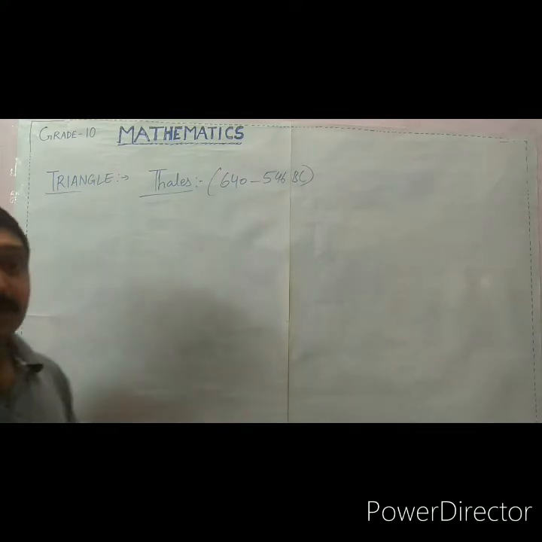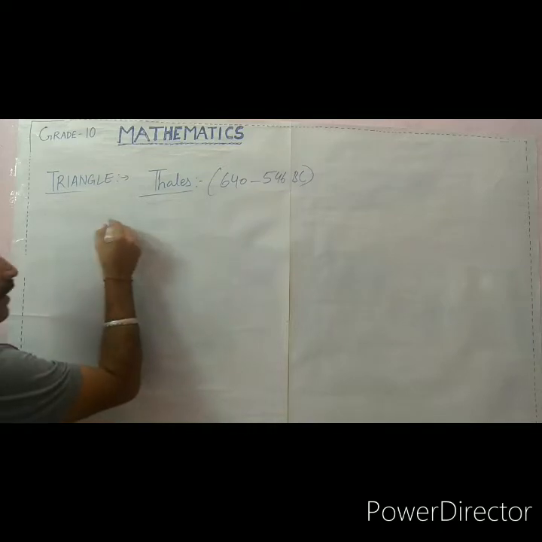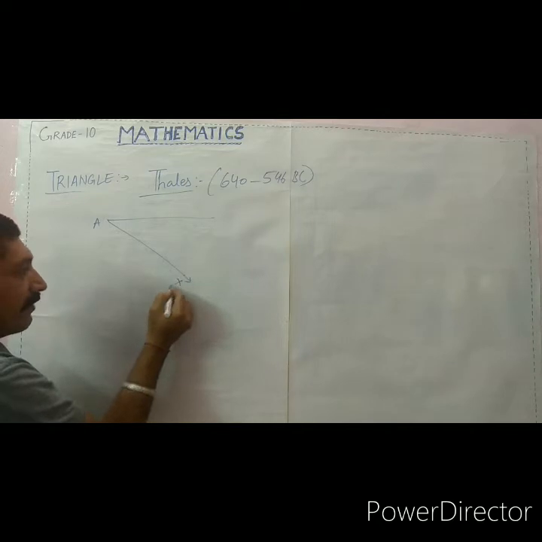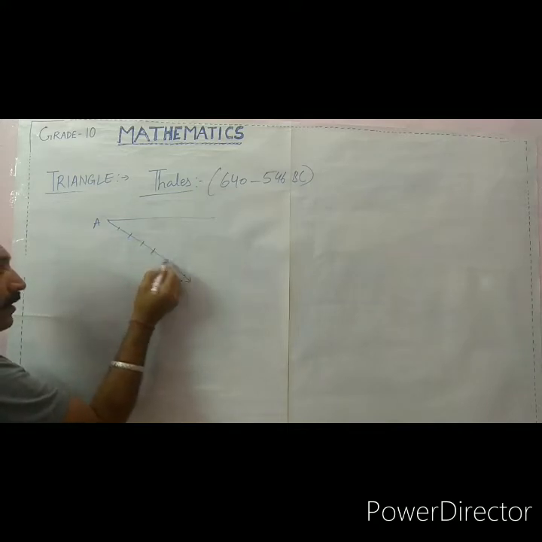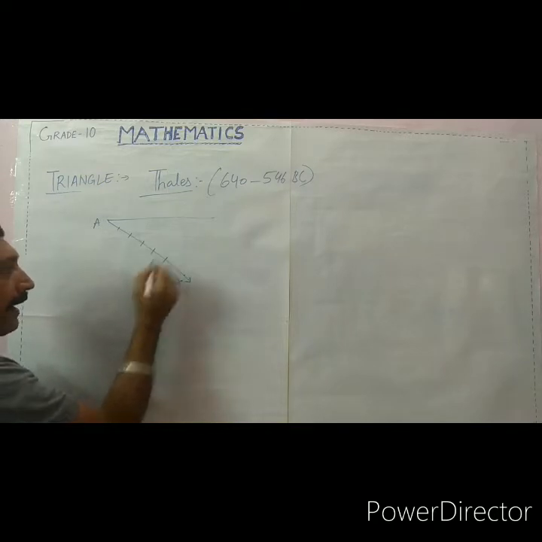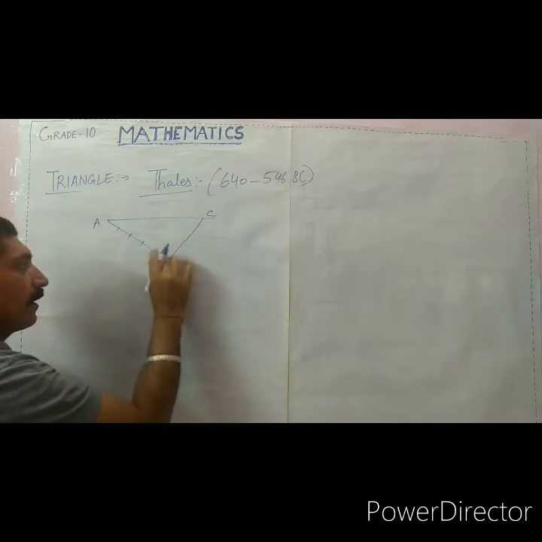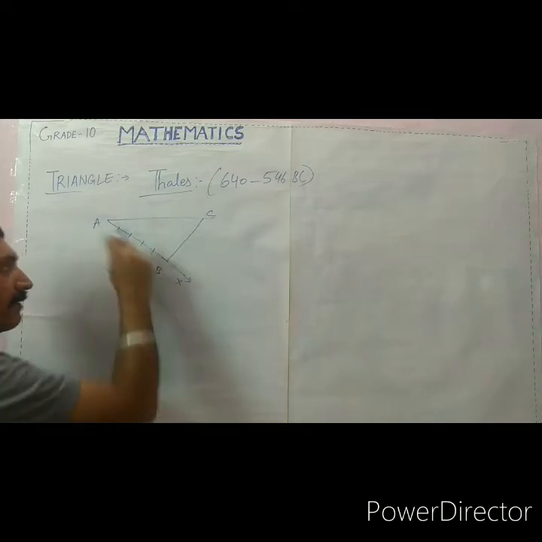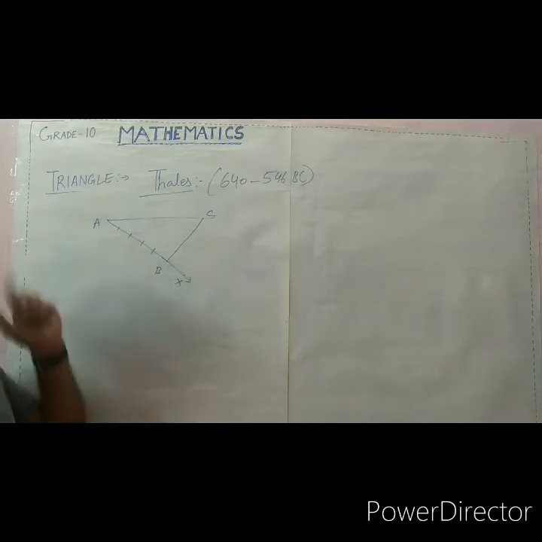So what does he say? Let me take the example of the triangles. If this point is A here, and as we have gone through in construction, I am dividing it into 5 equal parts, that this is B here and this point is C. If I join B with C, I have a triangle ABC, and this side AB is further divided into 5 equal parts.